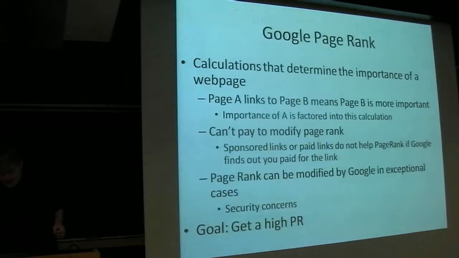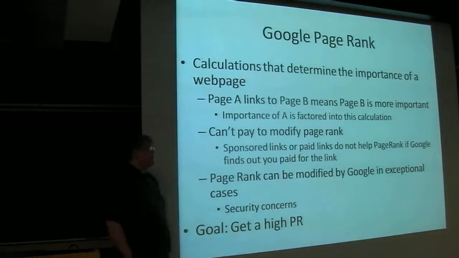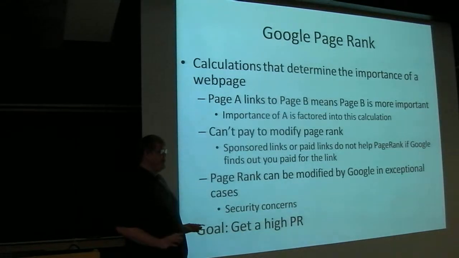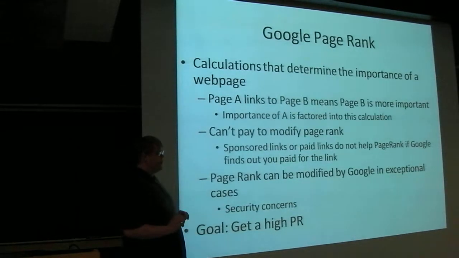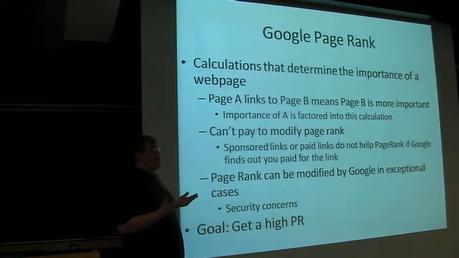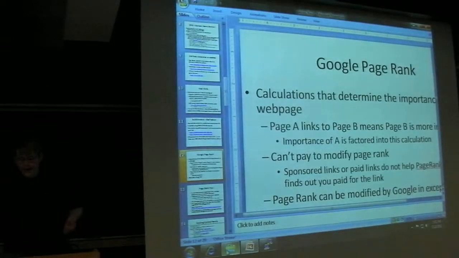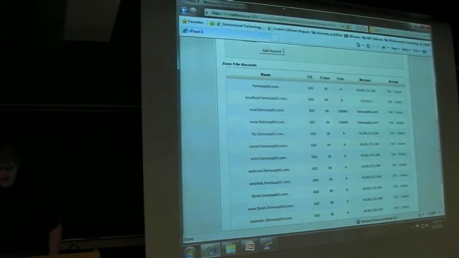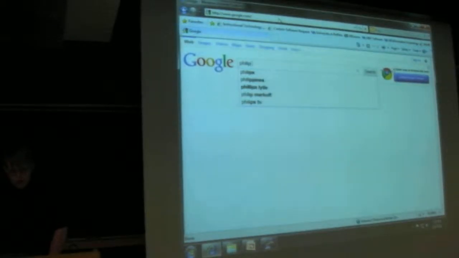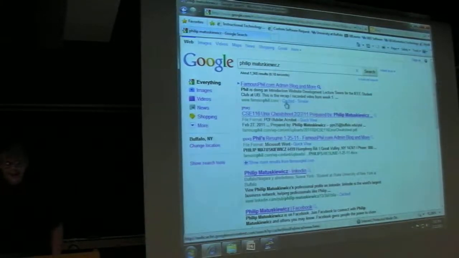Moving on, Google PageRank. SEO, search engine optimization, is a huge problem, and there are people who spend their lives working on it. It's basically a way to make your page show up before something else. If you've ever tried Googling my name, interestingly enough, my blog comes up first.